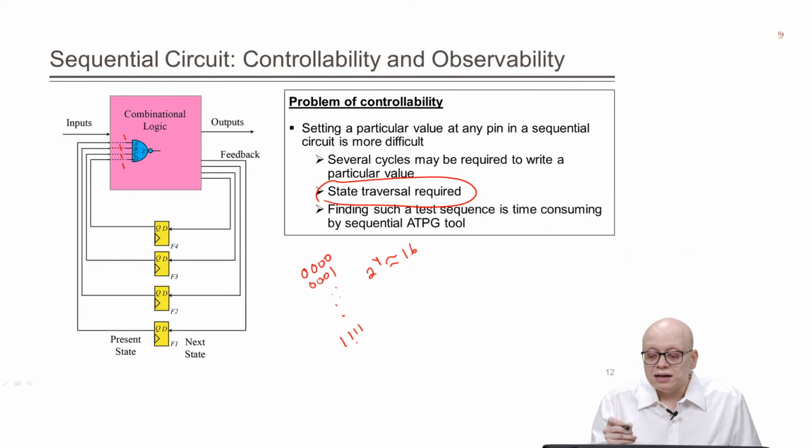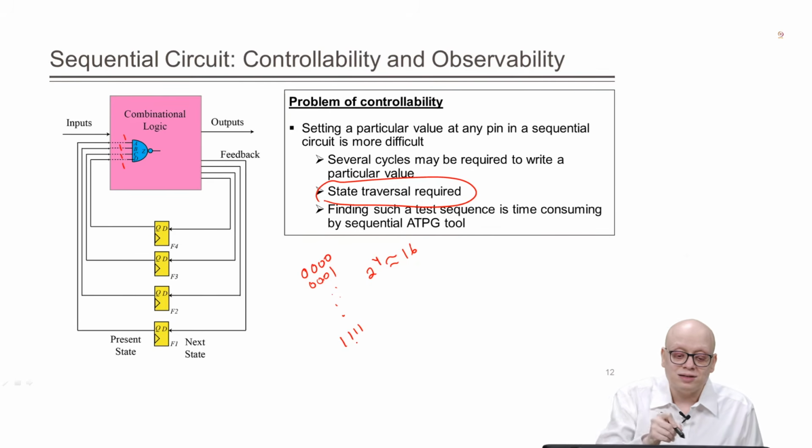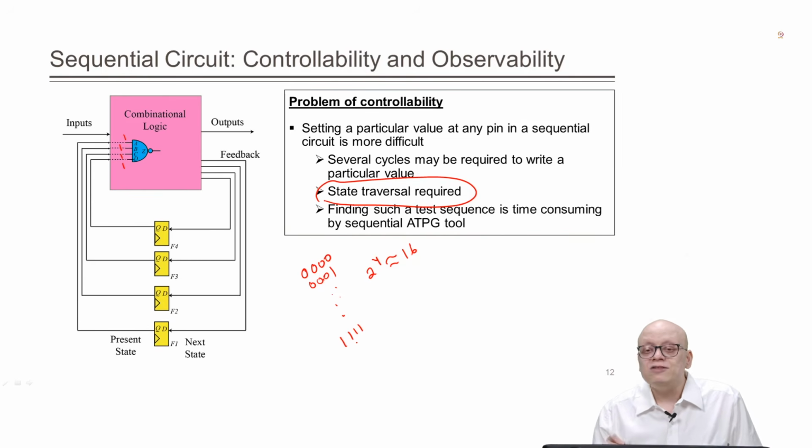Additionally, finding the correct sequence of state traversal which will give us this test pattern at the combinational circuit element will also require more difficult or challenging computation. So, it will make finding the test pattern more difficult.